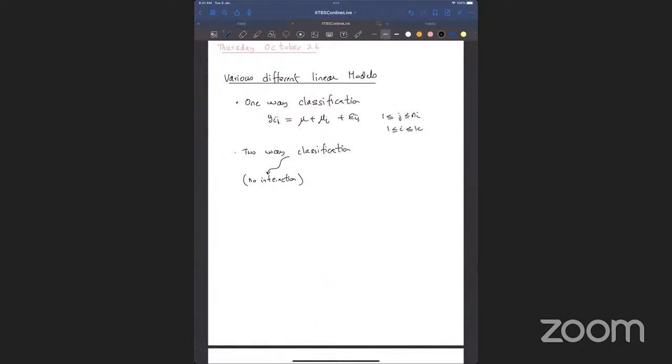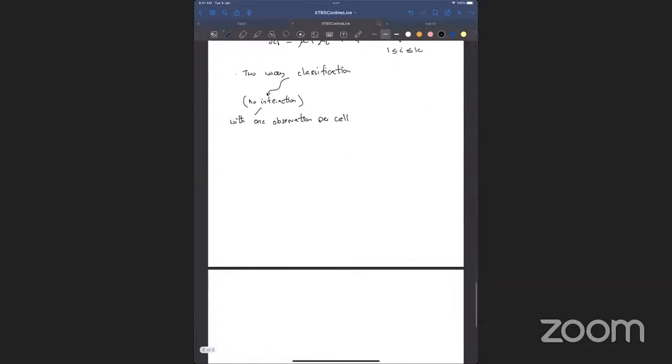So you will have the following idea. You'll have one observation per cell. Then you can also build it with multiple but equal number of observations per cell.